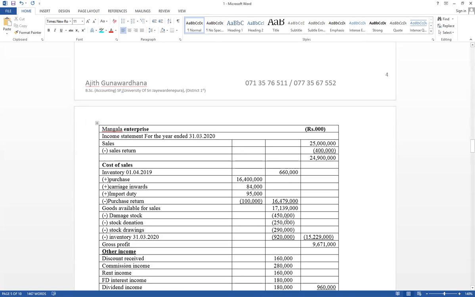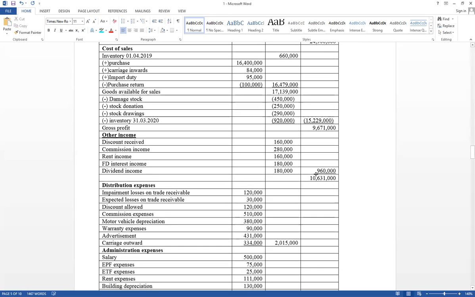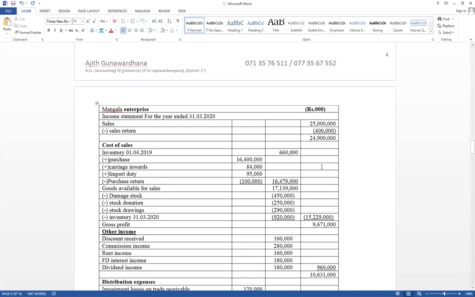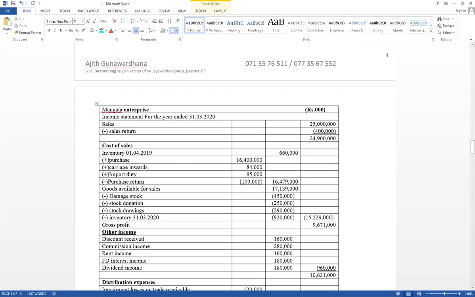Then deduct all the deductions. That is the cost of sales. Sales minus sales return, this is the correct sales value. From that value this one should be deducted. Here value equals 600.